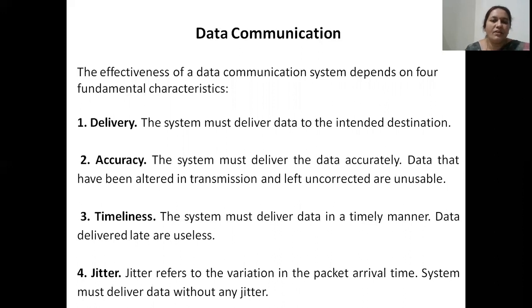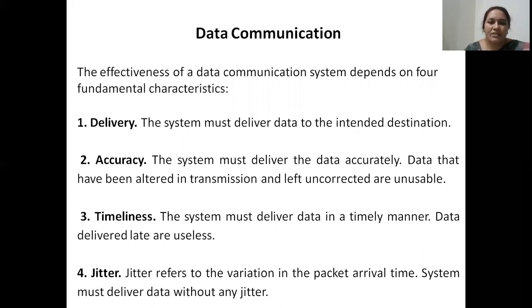So a receiver should be the intended receiver. Sender sends an information through the data communication system to the receiver. The data communication system should make sure that the data sent by the sender will be received by the intended receiver. That characteristic is known as the delivery characteristic.